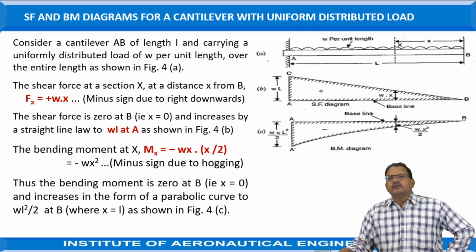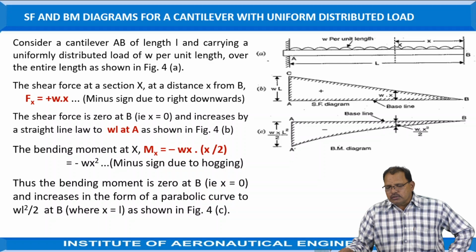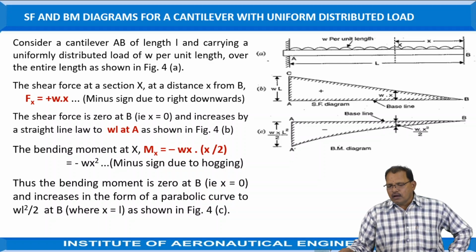When the beam is subjected to a uniformly distributed load, here we are considering a cantilever beam AB of length L, carrying a uniformly distributed load as shown in the figure. Here the load is equal to W per unit length.